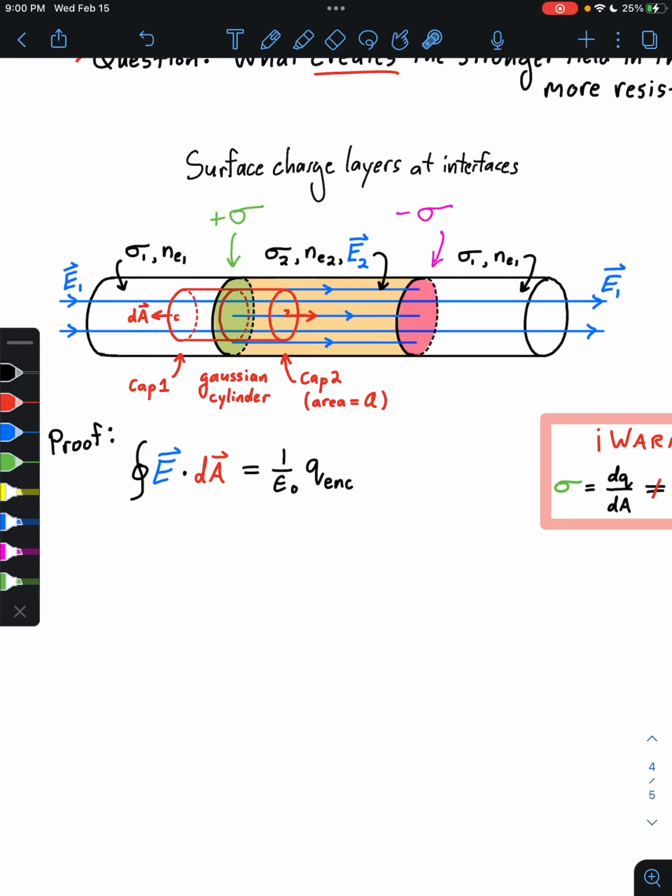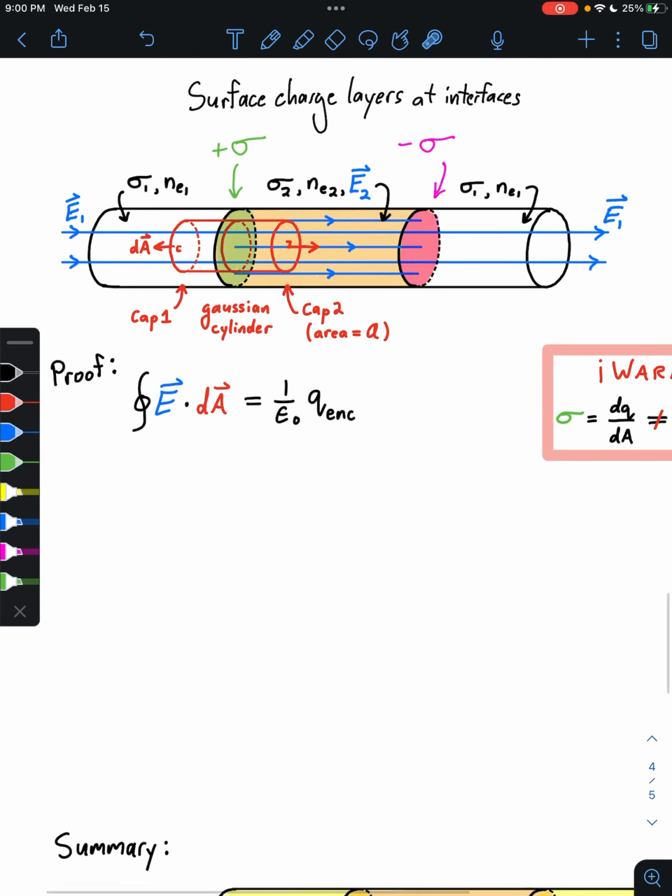But now let's try and prove it. Okay, so we're going to apply Gauss's law to our Gaussian cylinder here. So this closed surface integral for the flux will be replaced with the sum of two open surface integrals.